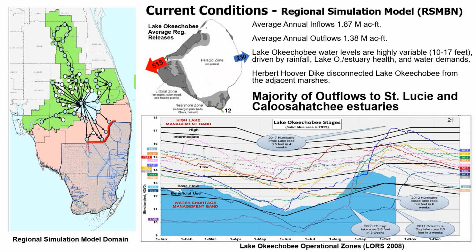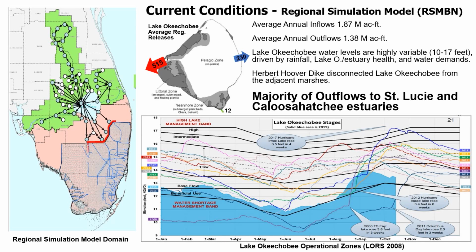Lake Okeechobee still receives the runoff from the upstream watershed covering the same 4,000 square miles, but the lake is cut off from the adjacent pre-drainage marshes by the Herbert Hoover Dike. Current average annual Lake Okeechobee inflows, based on the regional simulation model, are approximately 1.9 million acre-feet, and the reduction is likely a reflection of the redirection of flows from the Caloosahatchee and St. Lucie marshes.